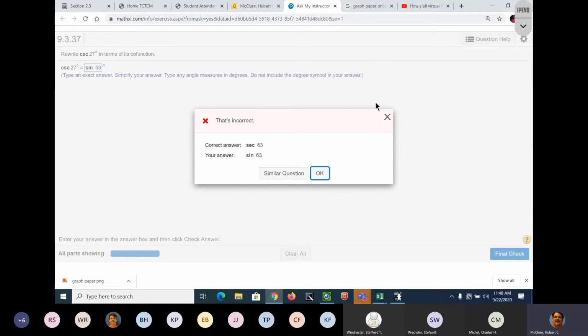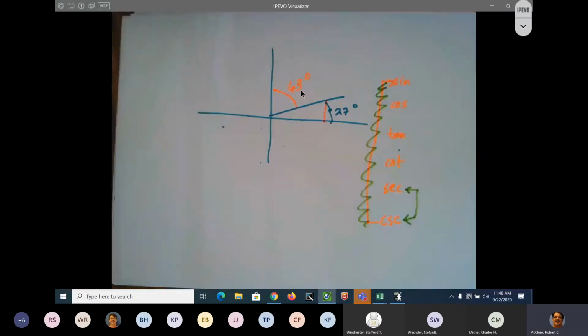Okay, I don't do a lot of the cofunctions on a test, because actually you don't use them in real life very much. So the cofunction of cosecant is secant, and that would be 63 degrees because it's what makes up the 90 degrees right here.